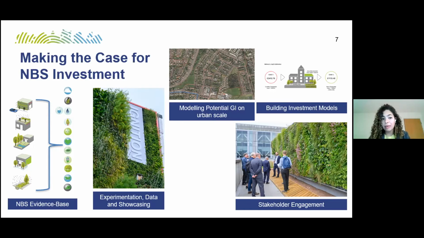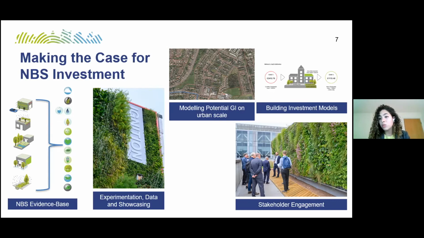So understanding this on an urban scale, and then identifying from that the sites that can be developed through finance and financial models. This is another part of the project, which is basically building on the evidence and making sure that we build investor confidence through different business cases.